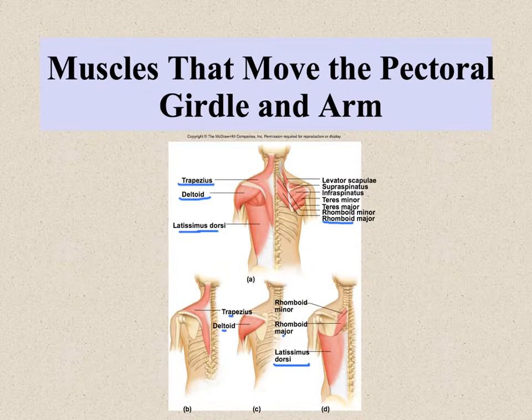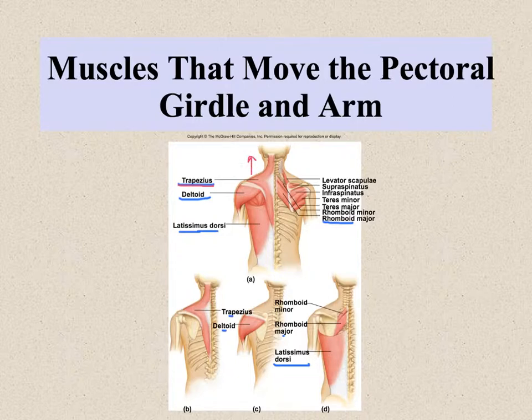Moving on to the muscles that are going to move your pectoral girdle and your arm. The trapezius muscle up here, you can feel it on the top of your shoulder, is involved in moving your scapula, your shoulder blade. Of course, you can logically think that it's going to be involved in elevating your scapula.